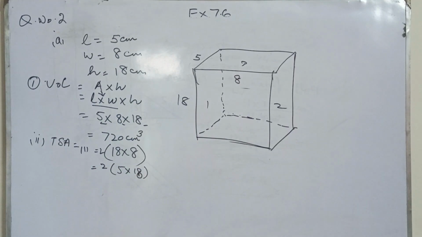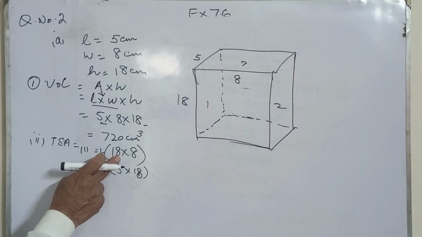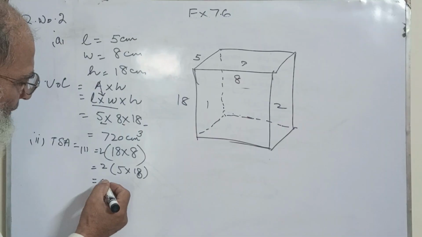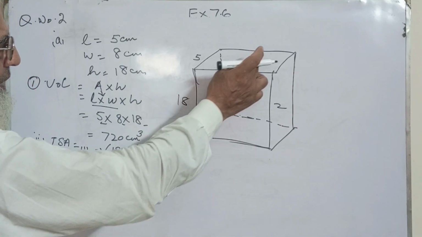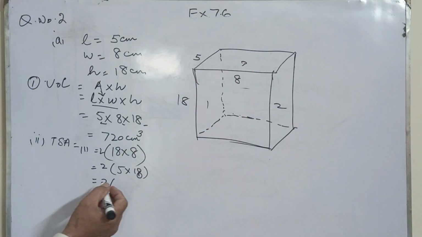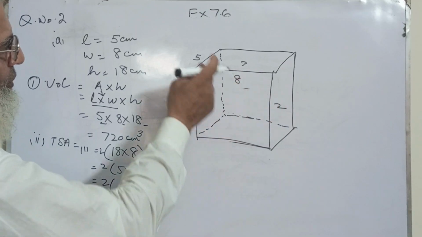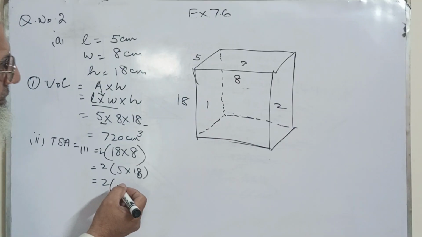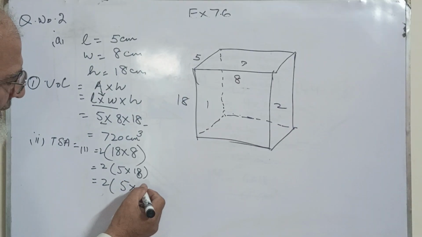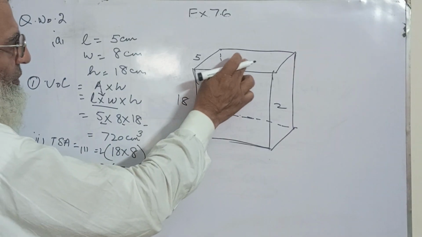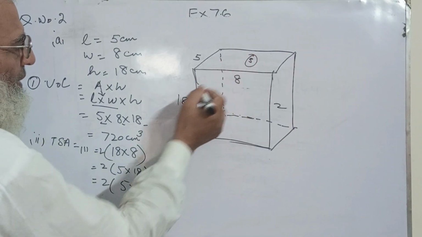You will see that one dimension will be repeated in every case. You see that this is 18, this is 18. And for the third, 2 multiplied by 5 multiplied by 8. This is 3 for the number.